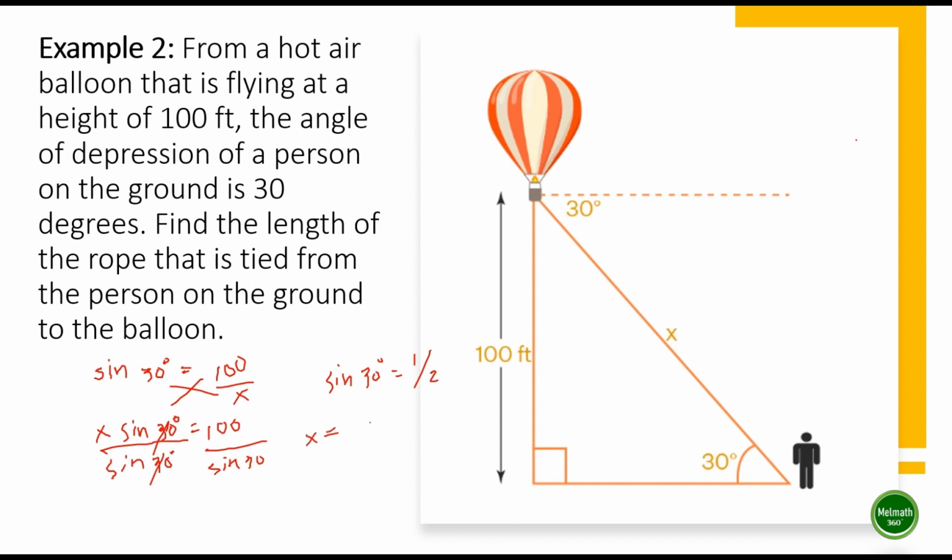One hundred divided by 1/2 equals 200 feet. The length of the rope is equal to 200 feet.